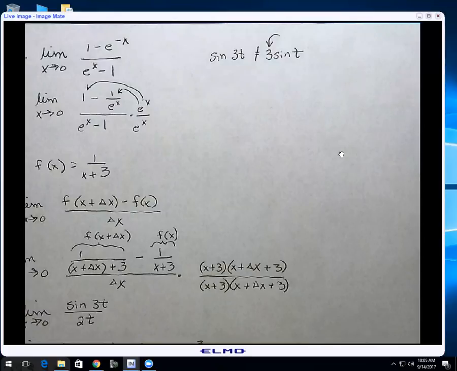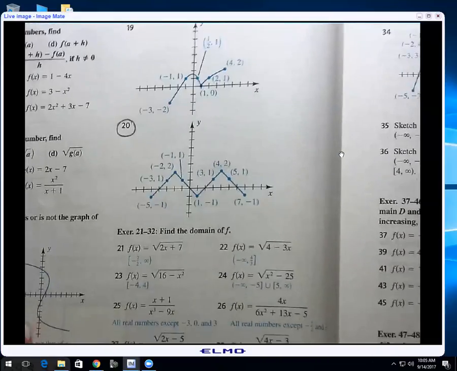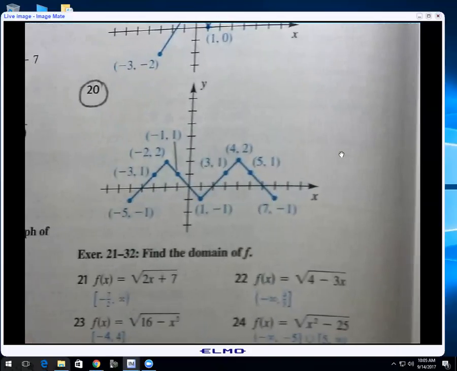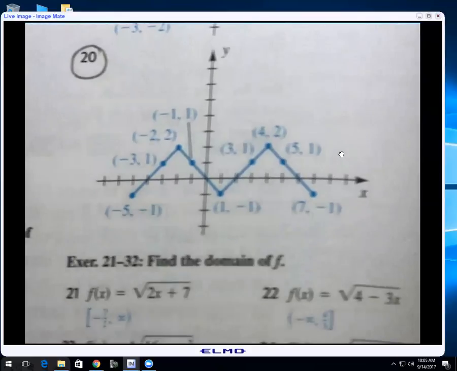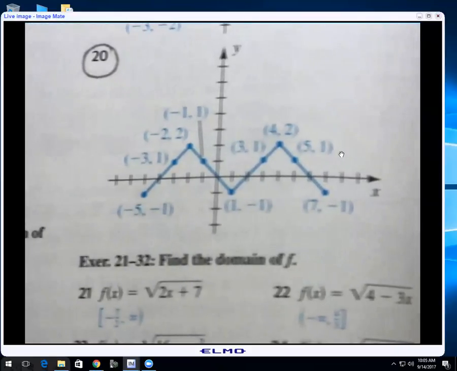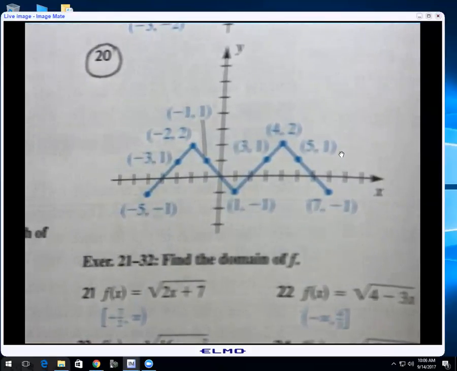On page 132, I'm not going to try to recopy that graph on my paper, but here's the graph we're looking at. I think I said 22, I meant number 20. Number 20 asked us for several different things.